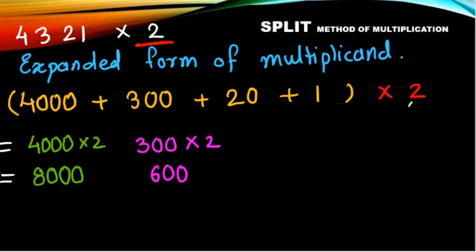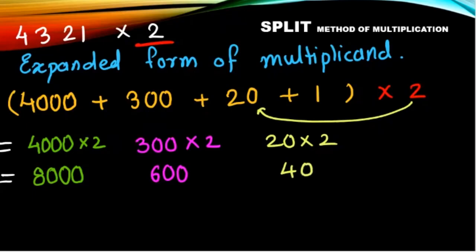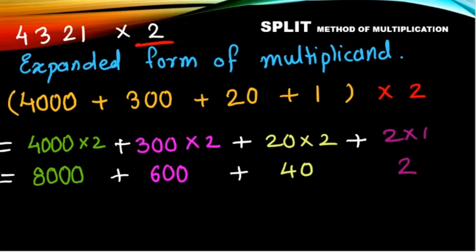Next, 2 will multiply with 20 and 20 into 2 is 40. And the last, 2 will multiply with 1, that is 2 into 1 is 2. Children, here we have to add all the numbers, and after adding all the numbers we got here 8642.